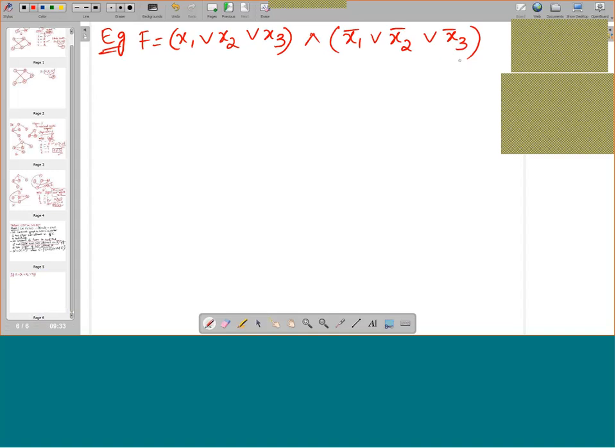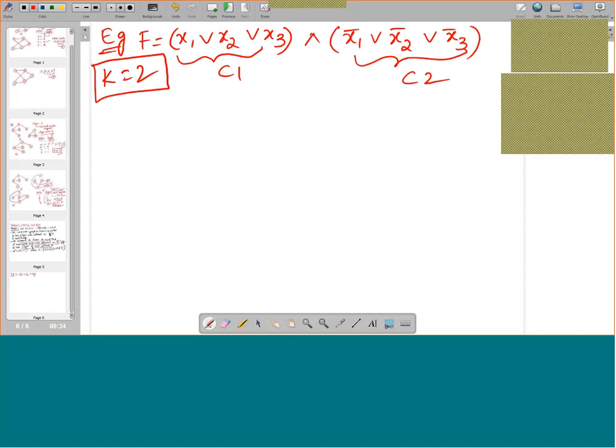We have taken the same example in the previous class also. Here the formula contains two clauses, first bracket one clause, second bracket another clause. So k equal to 2, and there are three variables, x1, x2, x3.